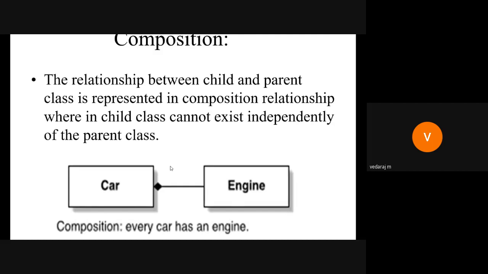Student, this is a very, very, very important 2-mark question also. What is the difference between aggregation and composition? Again and again I'm telling you, aggregation is where the child class can exist independently of the parent class. Composition is where the child class cannot exist independently of the parent class. Every unit you are going to discuss this topic.